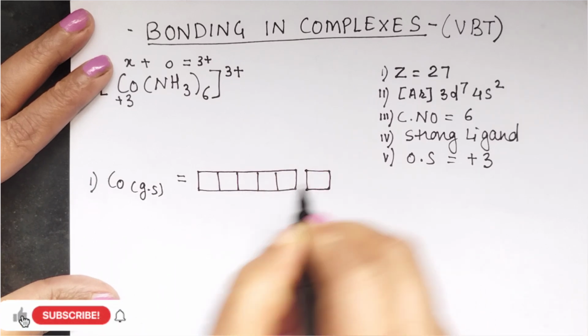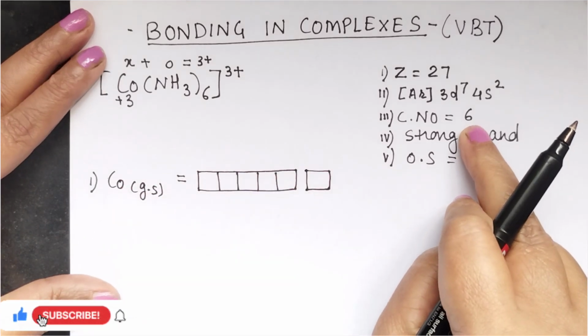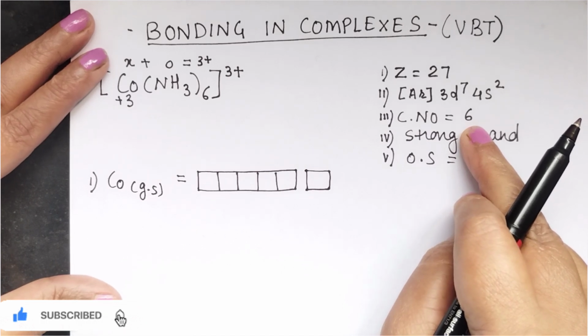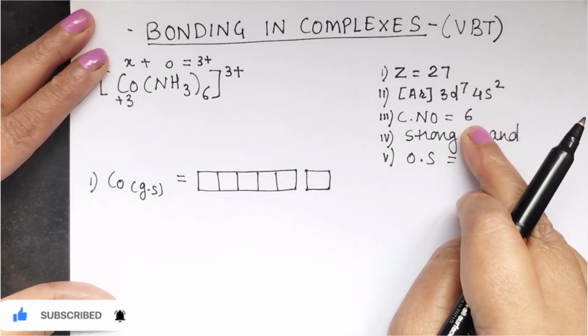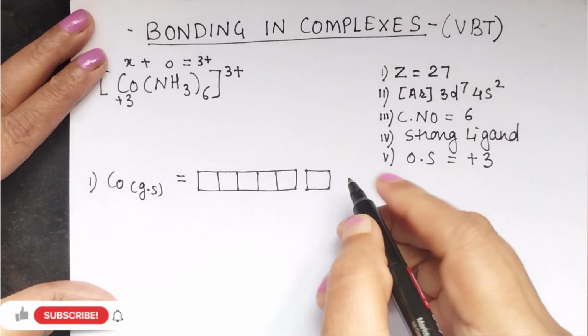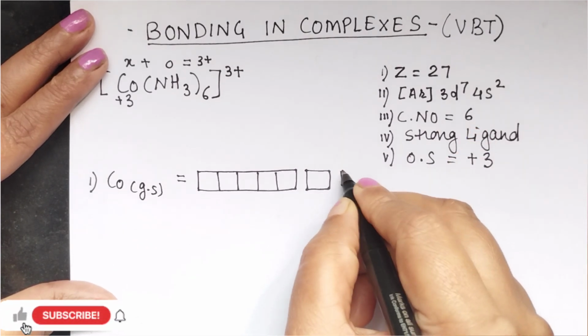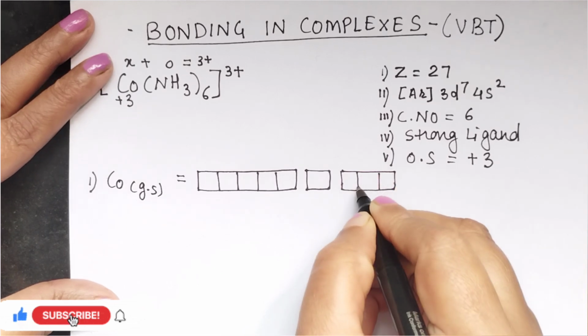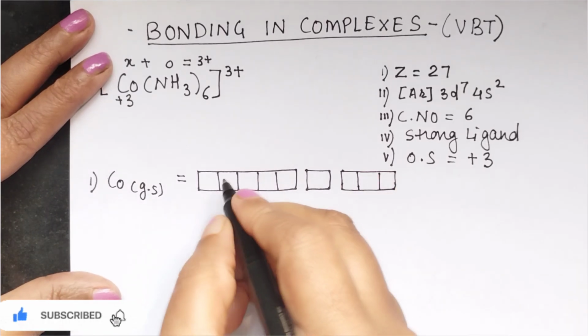Now students, if you see the number of ligands, they are 6. So I will be requiring 6 vacant orbitals for the ligands to overlap and therefore I should have 6 orbitals. So keeping that in mind, I am taking the 4p orbitals also, but I will keep them vacant as it is. So let us fill the electrons now.